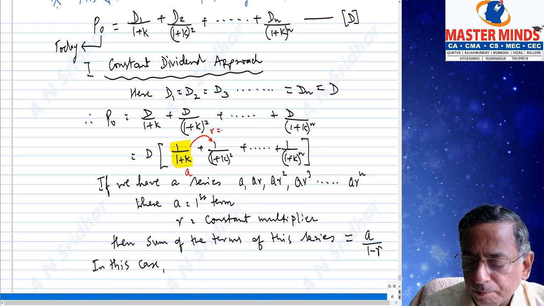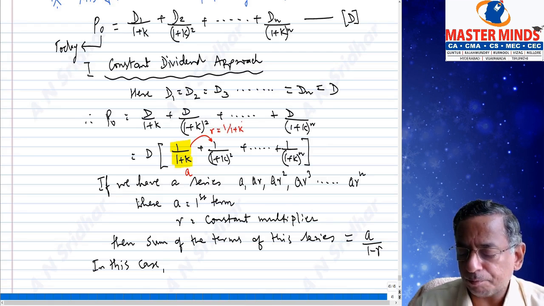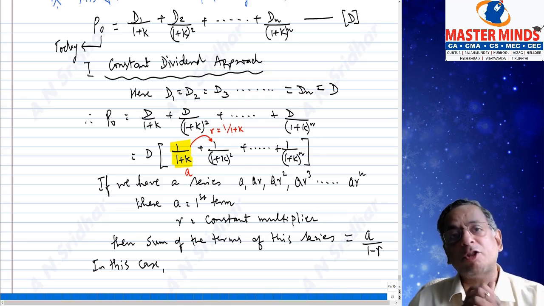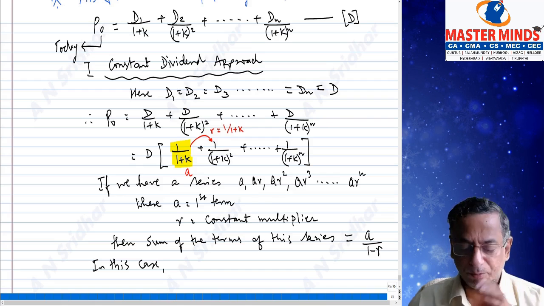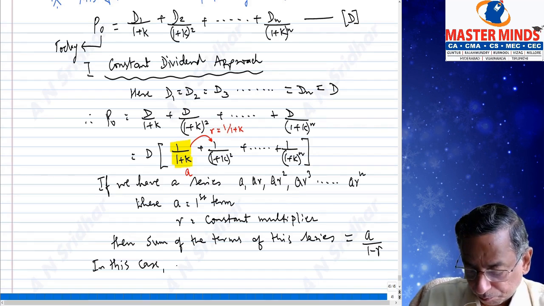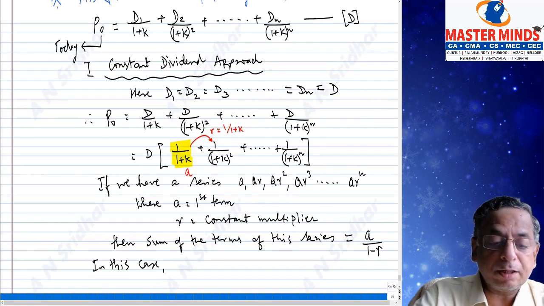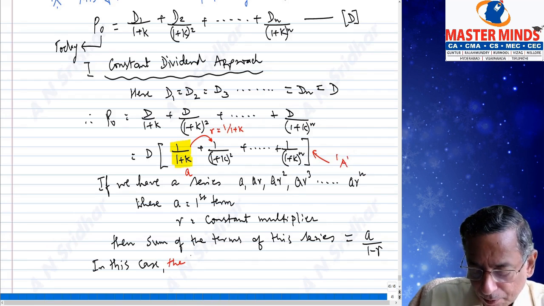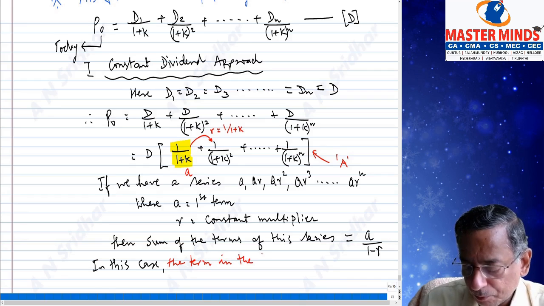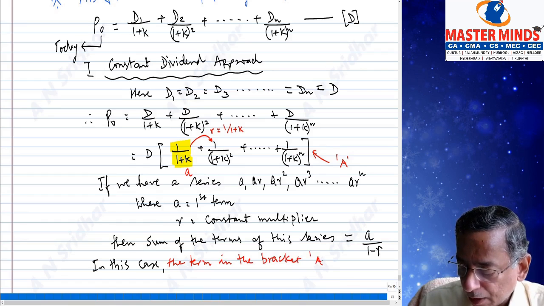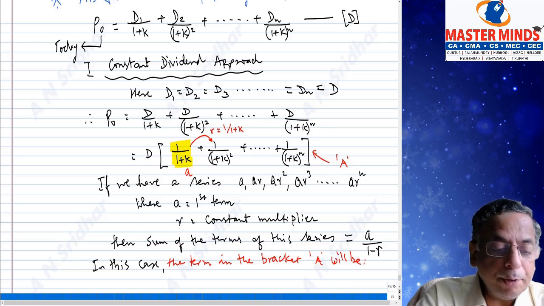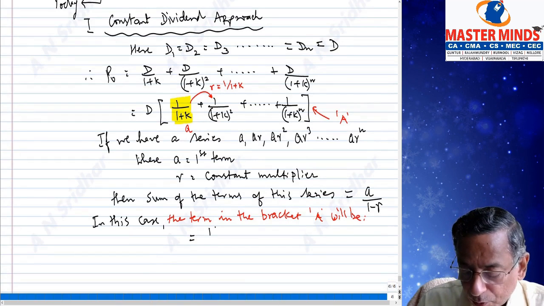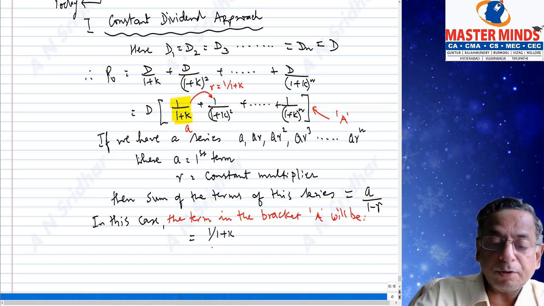So R is 1 upon 1 plus K. So A is also 1 upon 1 plus K, and every term is getting multiplied by R, the constant multiplier, that is also 1 upon 1 plus K. So in this case, the term in the bracket will be equal to A upon 1 minus R. So 1 upon 1 plus K, let us first write them.